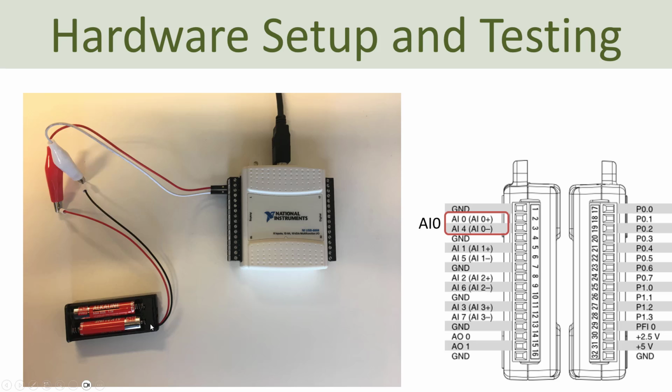The positive pole from the battery goes to this pin, while the negative pole on the battery, the black one, goes to this pin on the DAQ device. So let's see how we can create a basic LabVIEW application that is able to read the voltage level on this battery package.